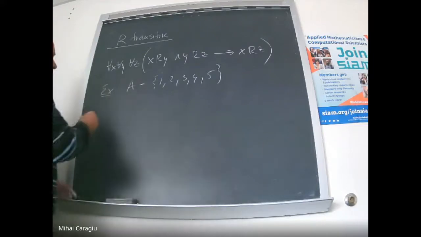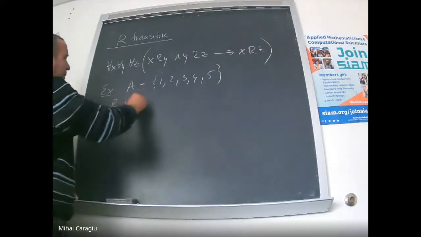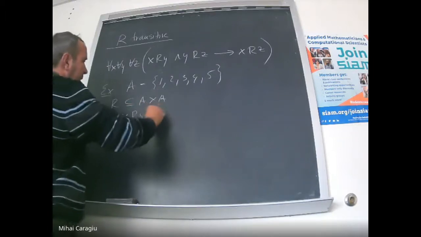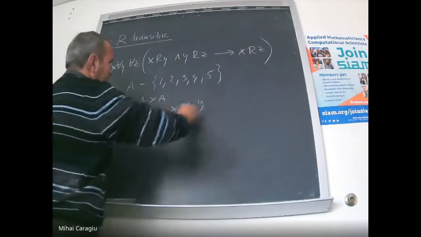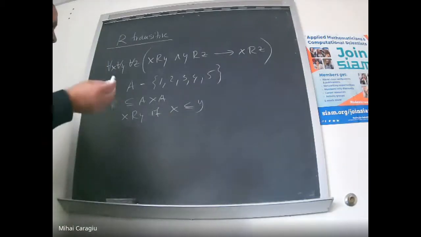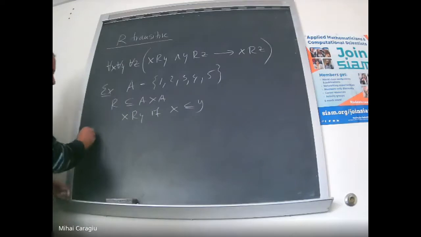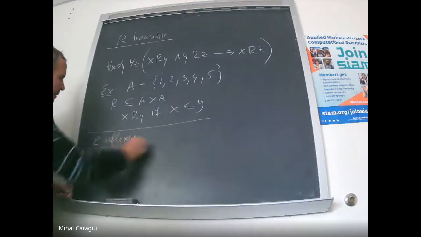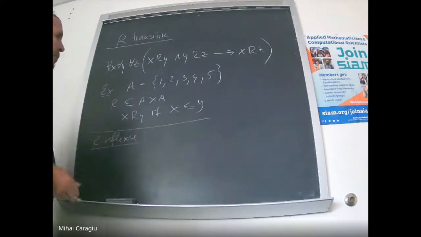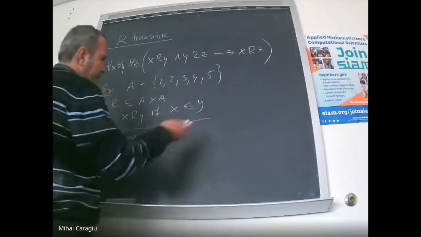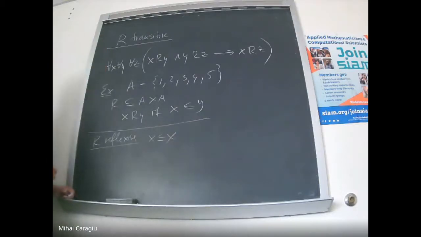So let's define the relation R, a subset of A cross A, in which X R Y if X is less than or equal to Y. Let's check what the relation is. R is reflexive. Of course it is, because X is less than or equal to X. That's a valid inequality for every X, right?